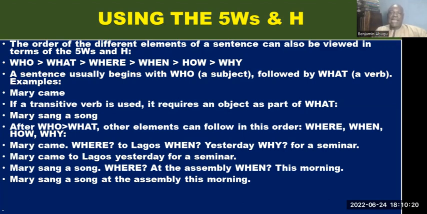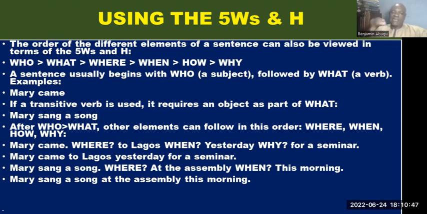So Mary came is a sentence with the SV structure. But if we use a transitive verb like sang, then it requires the object. For example, Mary sang a song. All right? Now, in this case, we have been able to cover who did what.